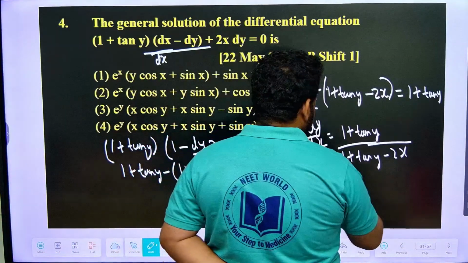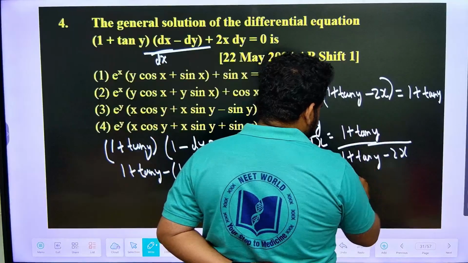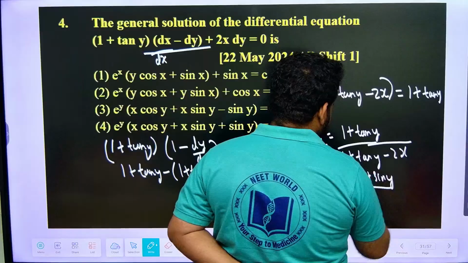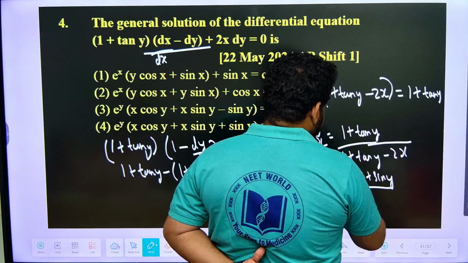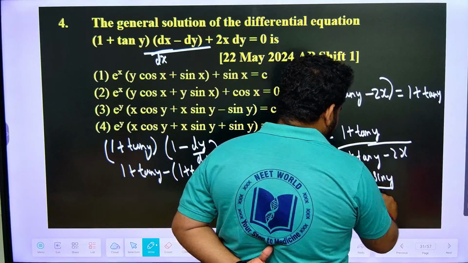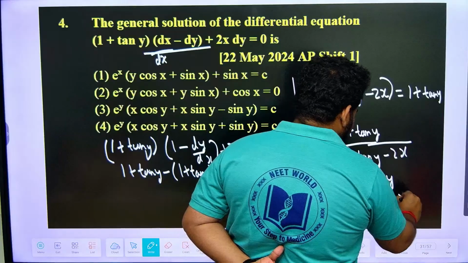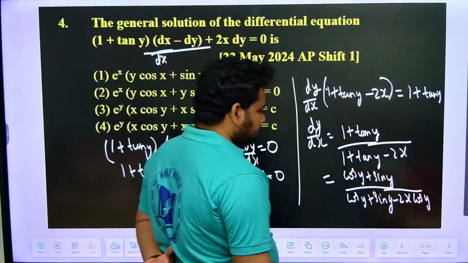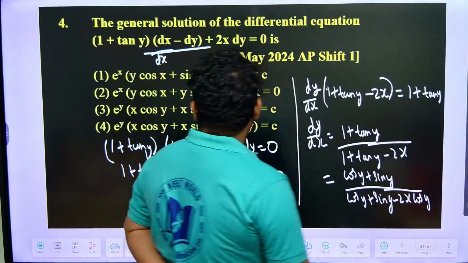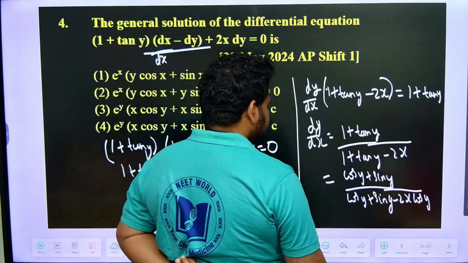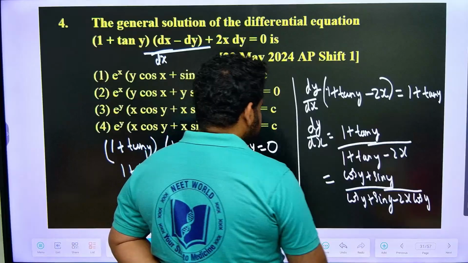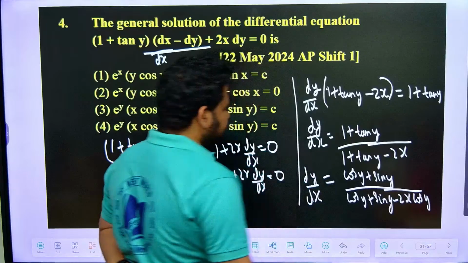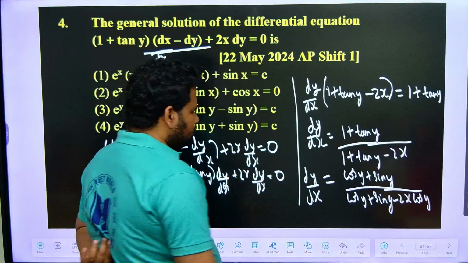This will become dy by dx is equal to cos y plus sin y by cos y plus sin y minus 2x cos y. Minus 2x cos y you will be having. Now what can you do further?